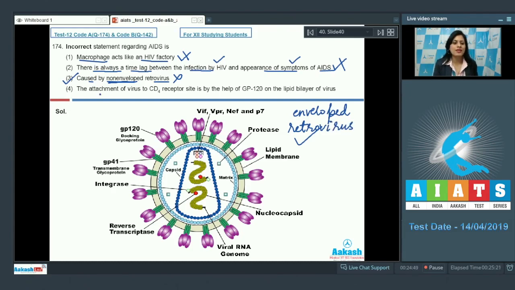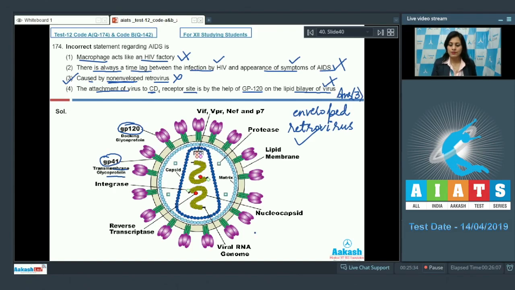The last statement given is the attachment of virus to CD4 receptor site is by the help of GP120 on the lipid bilayer of virus, and as it is also a correct statement, this cannot be a correct answer to our question. As you can see here, this GP120 present on the lipid bilayer of virus helps in attaching with the host cell. There is another protein which is present on the lipid bilayer of virus known as GP41, which is a transmembrane glycoprotein. So the correct answer to this question is option number 3.